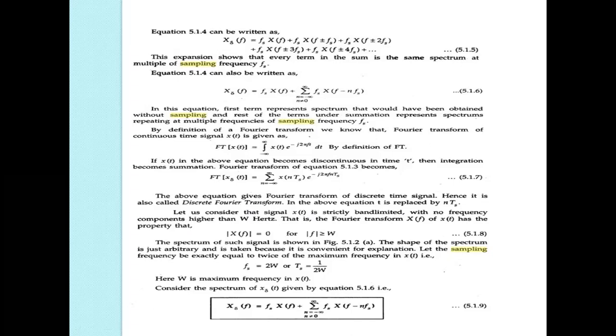Having no frequency components higher than omega hertz, the Fourier transform X of f has the property that the magnitude of X of f is equal to 0 for frequencies greater than or equal to omega. Understood, my dear students? The spectrum of such a signal is shown in the figure 1.2a.